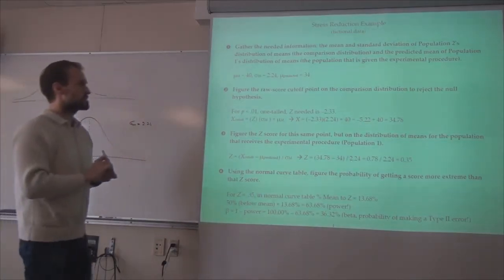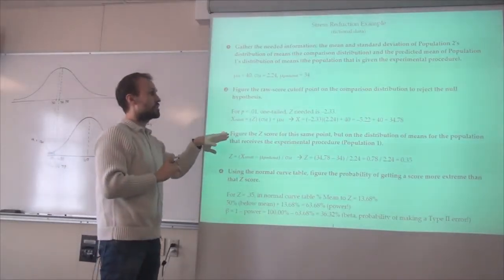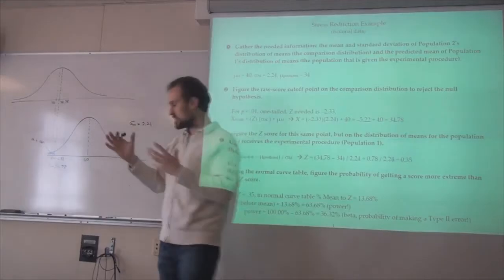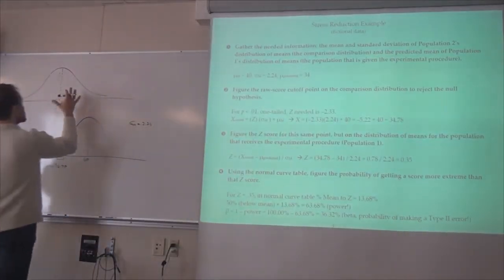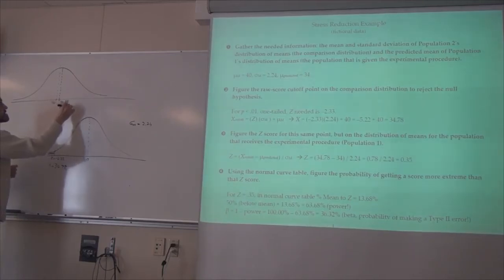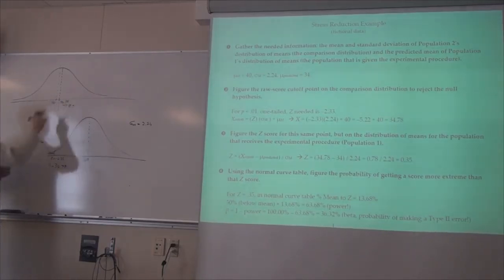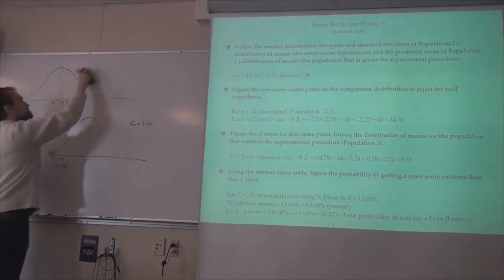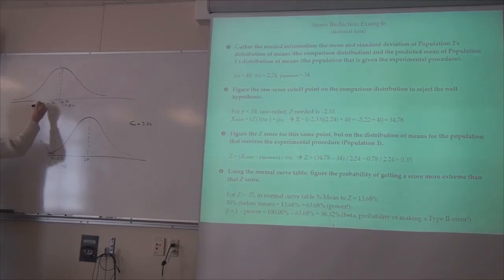So what do I do next? I want to see how this cutoff value sits in relation to my lowered mean. So what is the z-score here? Now I have a mu, I don't want to write it up there, sorry. That is my mu, let's call it predicted.